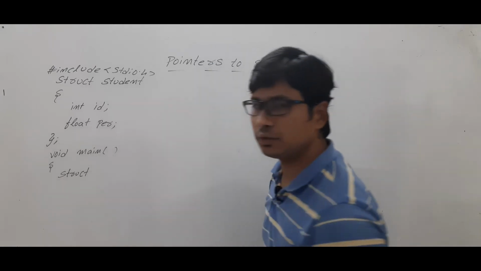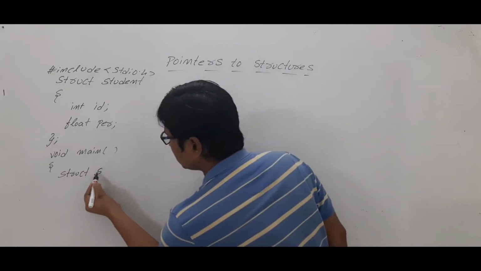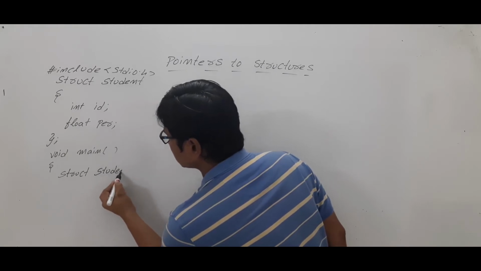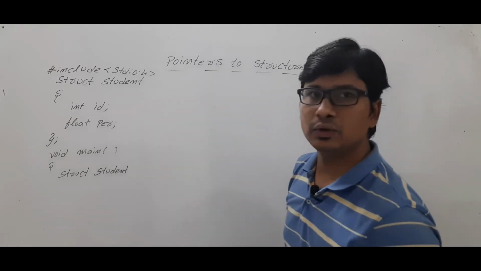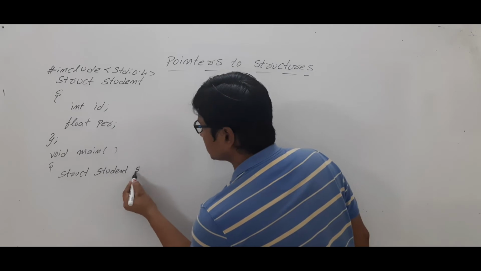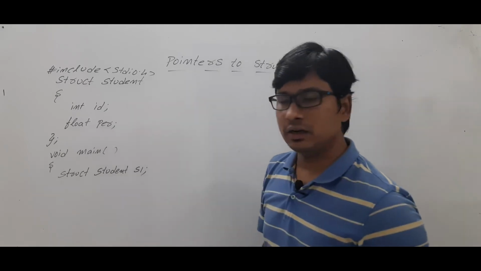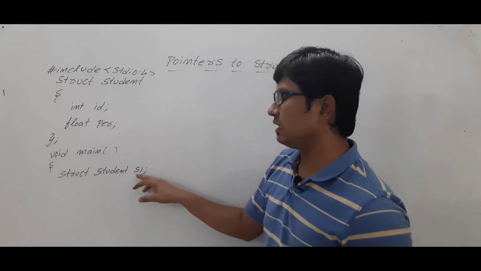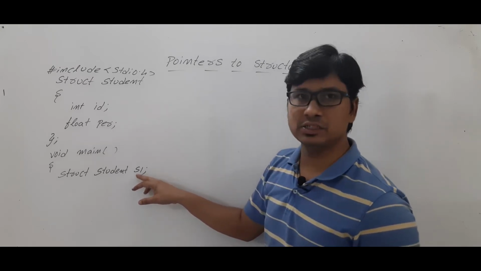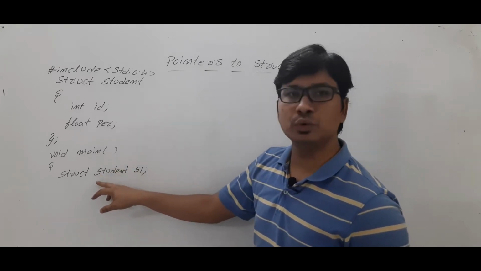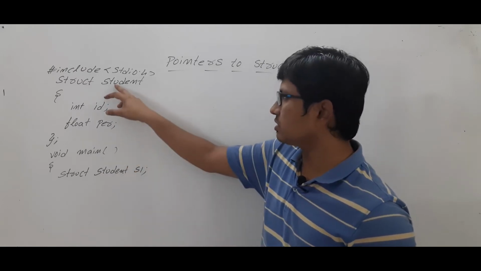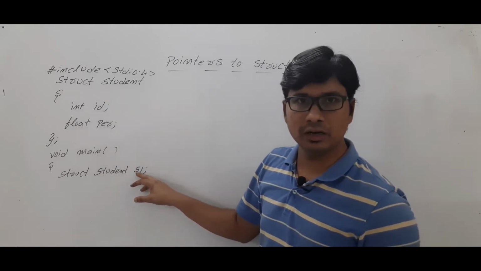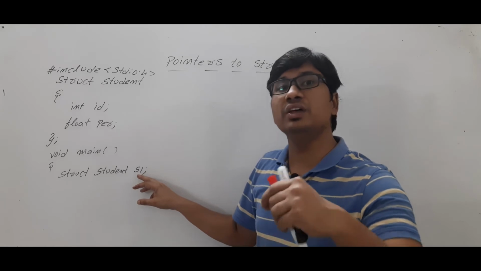You need to use the keyword struct, and you need to use the name of the structure which is student, and then you write the name of the variable. Let's say I'm writing s1. Now look at the statement here. You are declaring a variable called s1 of type student. Now the name of the structure and name of the variable should follow the rules of an identifier.